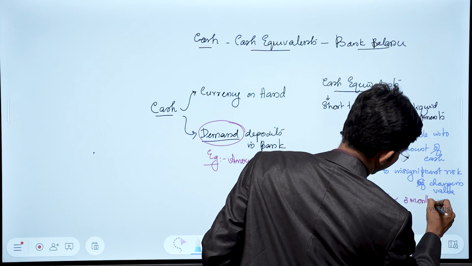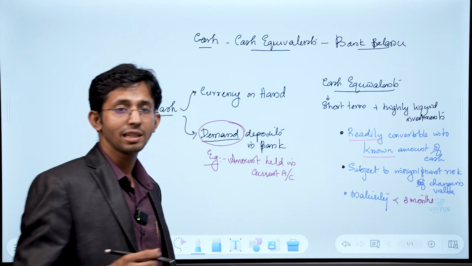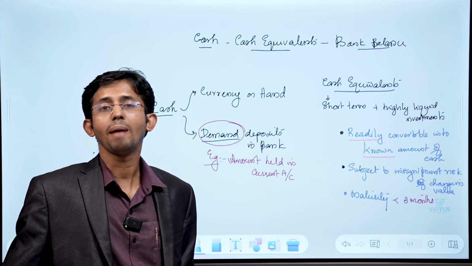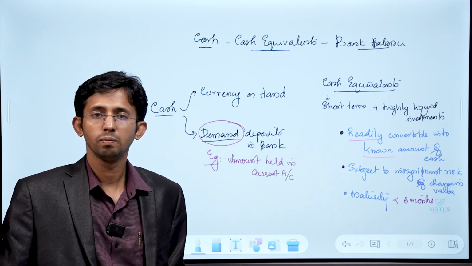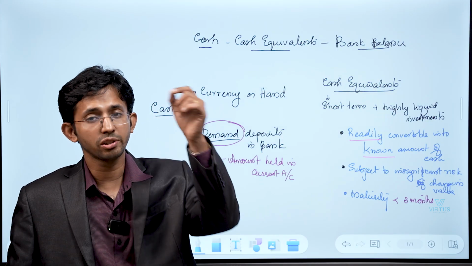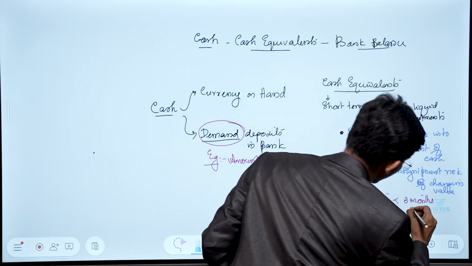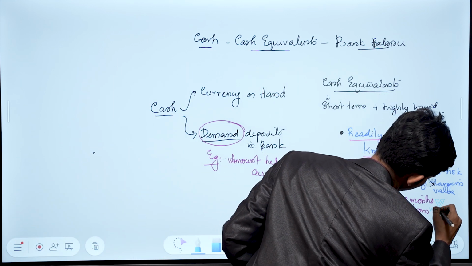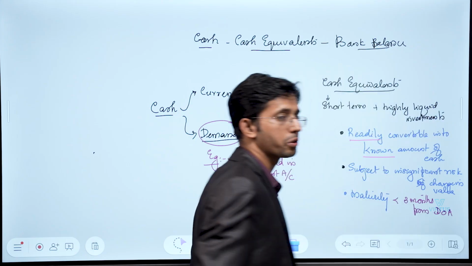And I have seen students taking this 3 months period from the date of balance sheet. Is it so? No. This 3 months has to be considered from the date of its acquisition, 3 months from the date of acquisition of the investment.